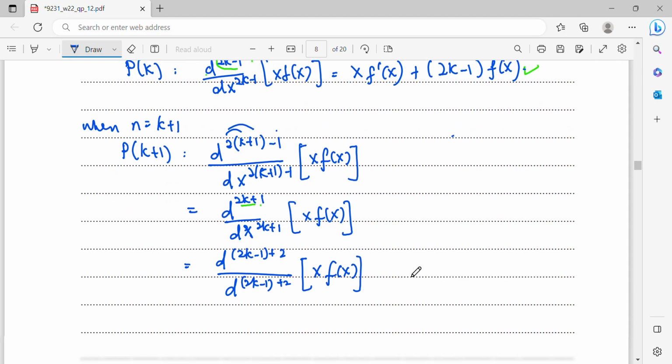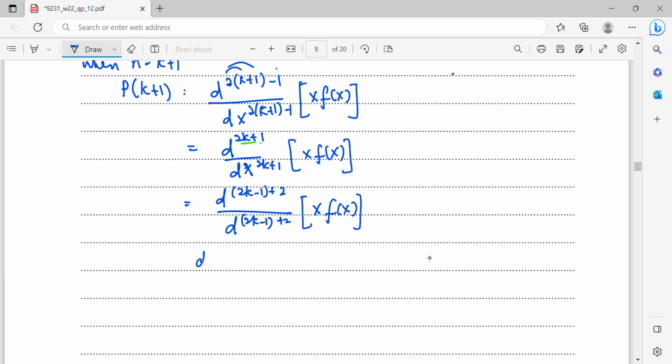This means d squared over dx squared, because of the plus 2, of d^(2k-1)/dx^(2k-1) of x f(x). Right?